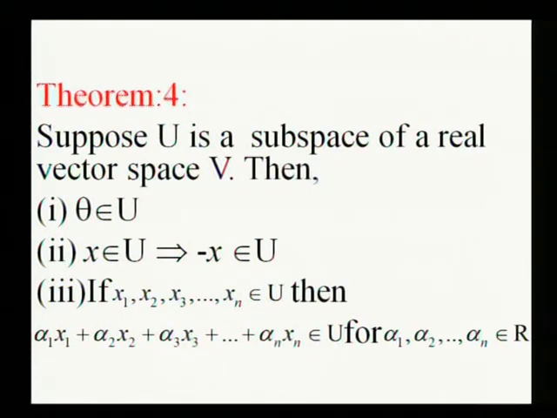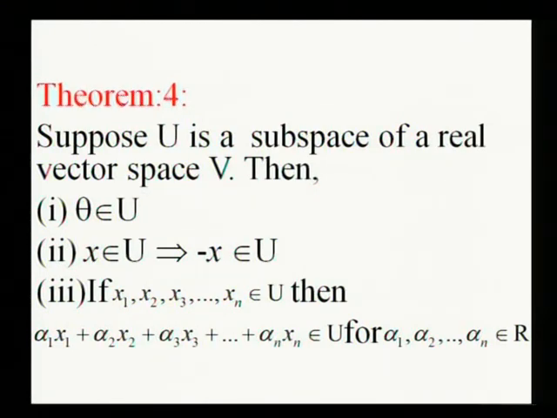Then first, the 0 vector always belongs to U. Second, if x is a vector belonging to U, then vector minus x also belongs to U. Third, if x1, x2, ..., xn belong to U, then for any scalars alpha 1, alpha 2, ..., alpha n, alpha 1 x1 plus alpha 2 x2 plus ... plus alpha n xn is also an element of U. The first two properties we have already seen. The third property we prove by induction.